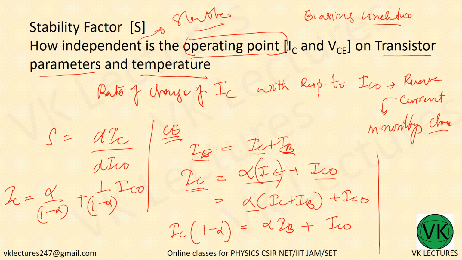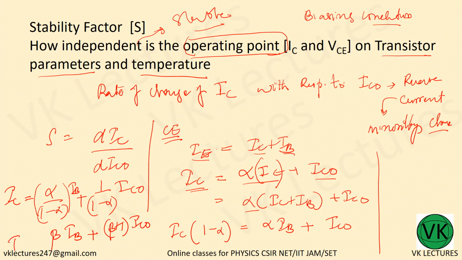Alpha divided by 1 minus alpha is nothing but beta, and 1 divided by 1 minus alpha is nothing but beta plus 1.